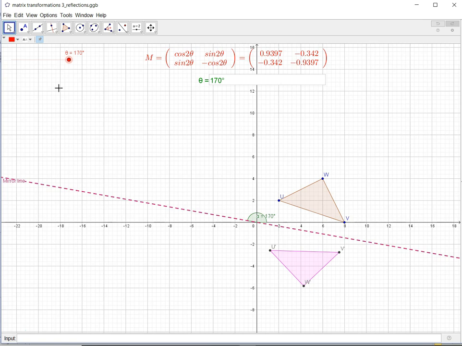So we are saying that the matrix cos 2 theta, sine 2 theta, sine 2 theta, minus cos 2 theta gives us a reflection in the line that makes an angle theta with the x direction.